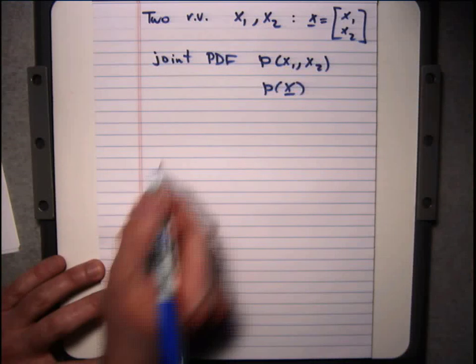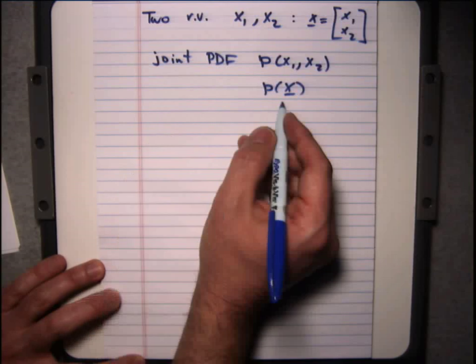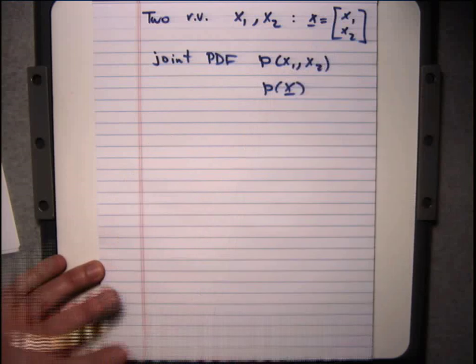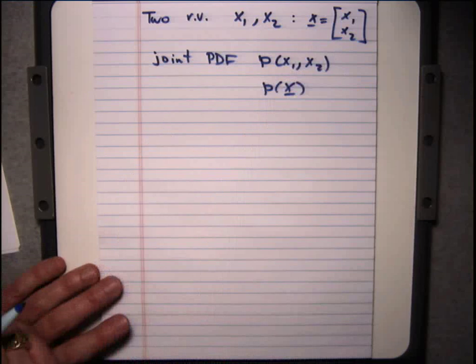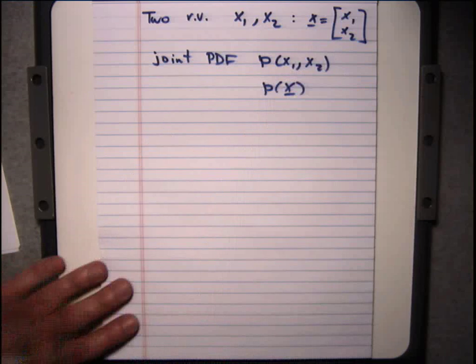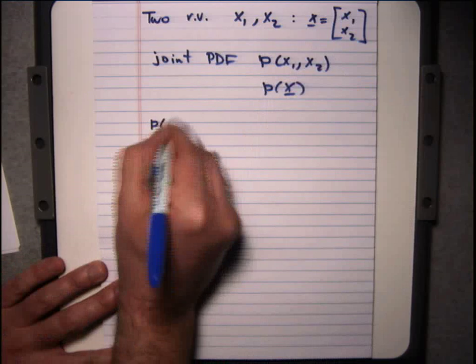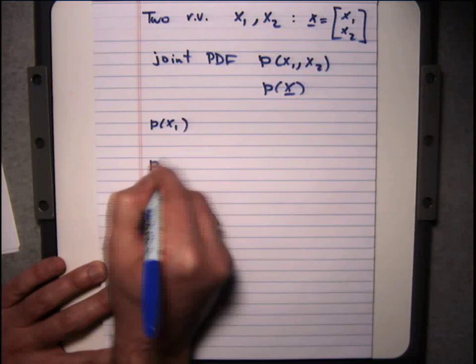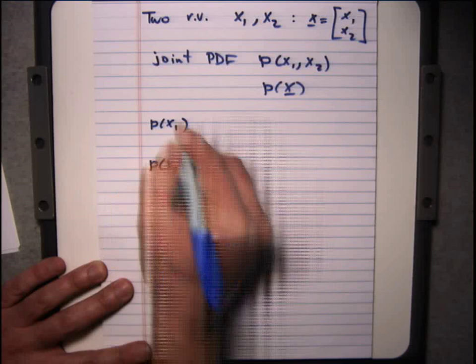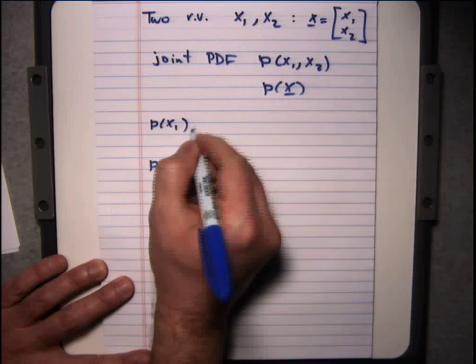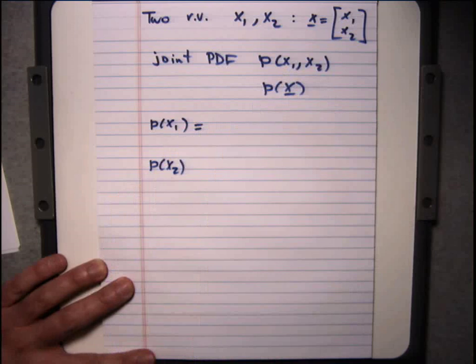Now, we can also, from the joint probability density function, extract the probability density function for each one of the random variables. So that would be P of x1 and P of x2. Suppose we wanted these and we were only given this. Well, the way to do this is to integrate out the variable that we're not interested in.